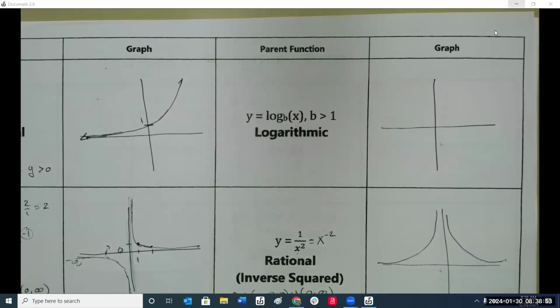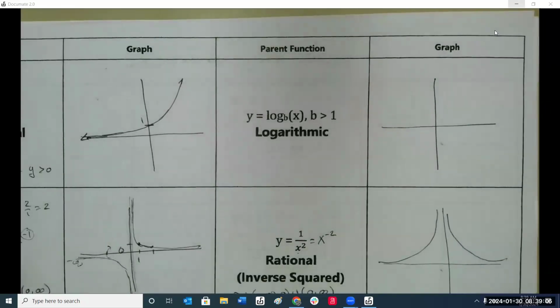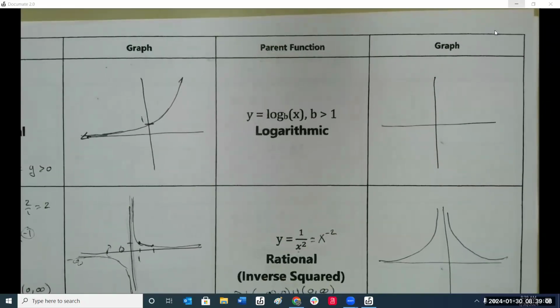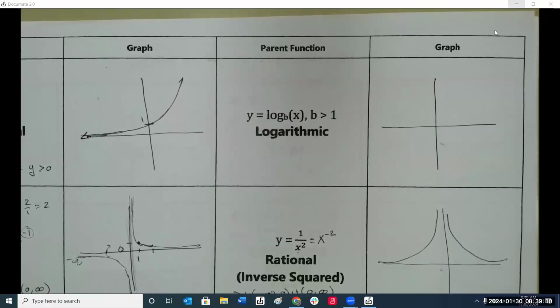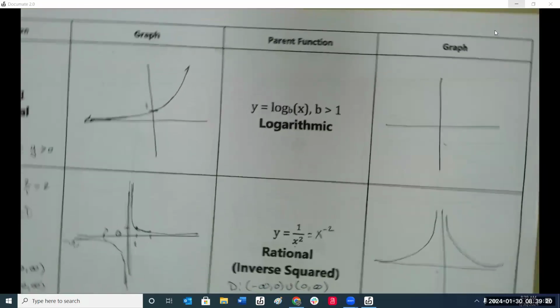Fifty-fifty shot. It's less, very good. More or less than 5? Eh. More or less than 2? More than 2. There's actually 3.